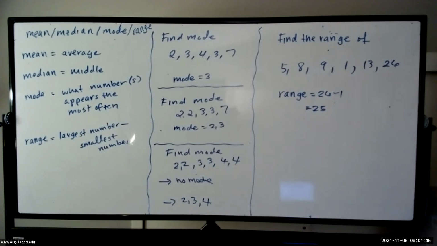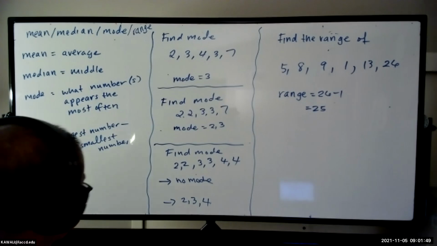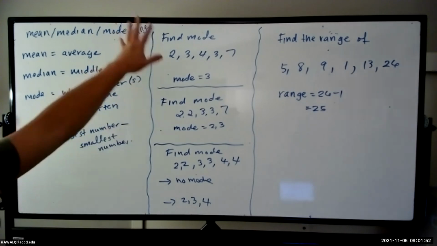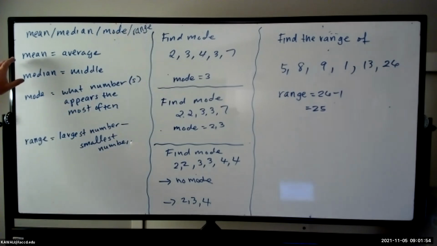Okay. Now, just to review everything, I'm going to give you one set of numbers, and we're going to compute the mean, median, mode, range of all of these. Okay.